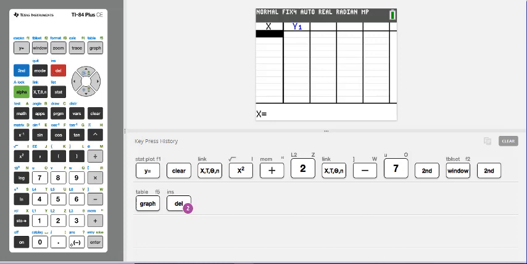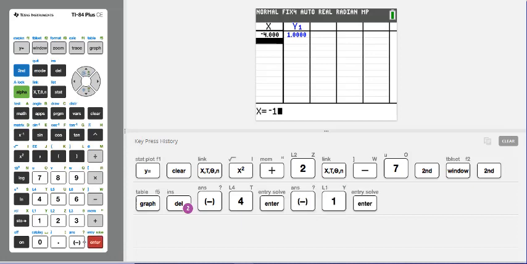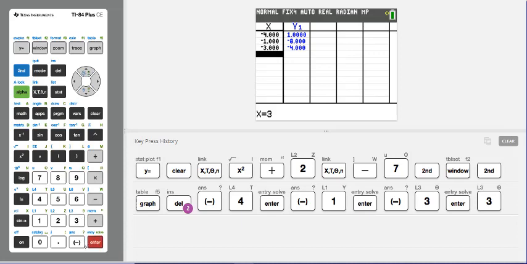So we need -4, the negative's down here, and then -1. And let's go ahead and get -3 and 3. So -4 gave me 1, and -1 gave me -8. -3 gave me -4, and 3 gave me 8.